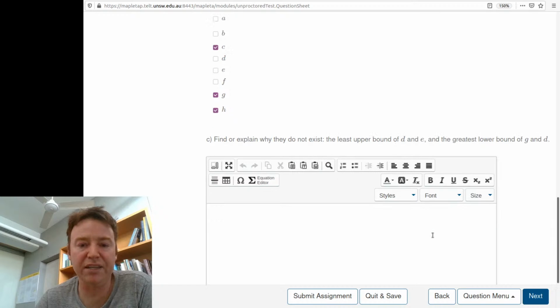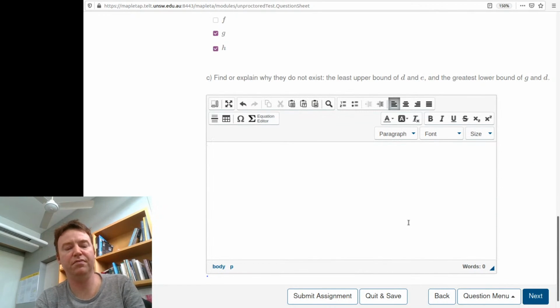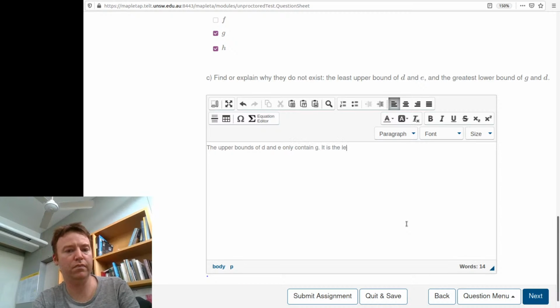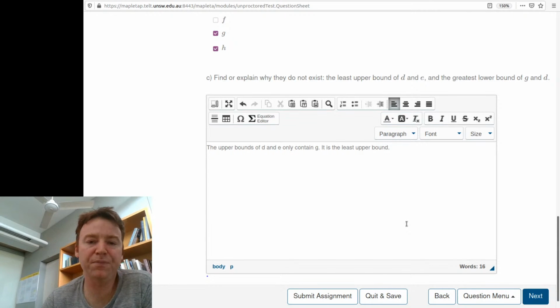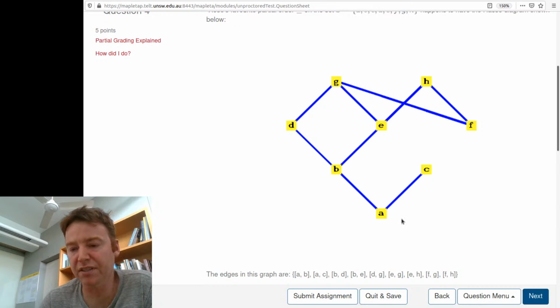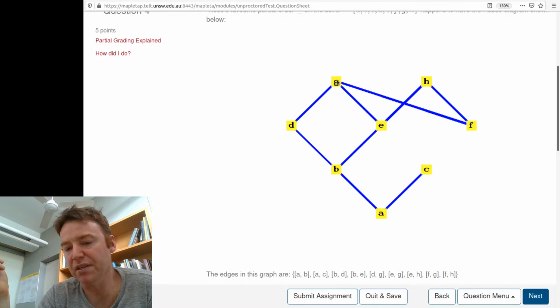So the least upper bound of D and E. When you're talking about upper bounds of D and E, you cut out everything that's not above D and E. So G is the only thing that's above D and E. It gives you this kind of sub-Hasse diagram.